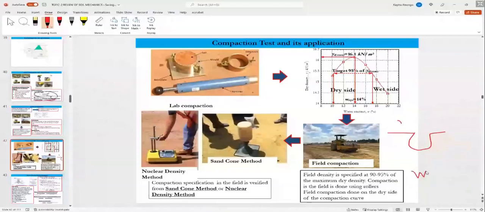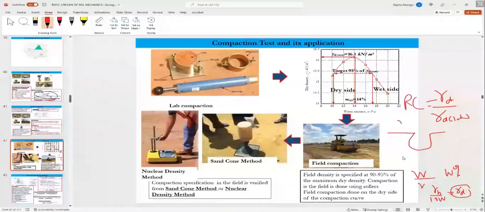You need to determine the water content of the soil. So the weight of the soil and the volume of the hole give you the bulk density. The water content gives you the dry density. Compare this dry density to the one from the lab. That will be the relative compaction of the soil.